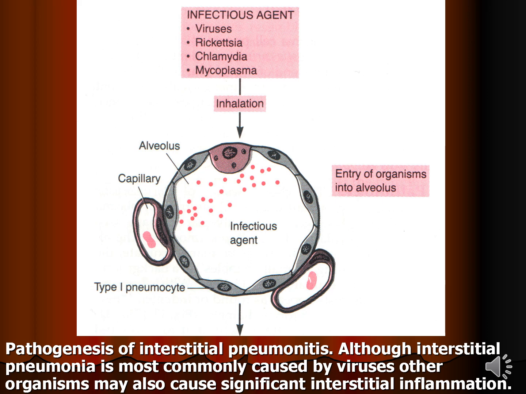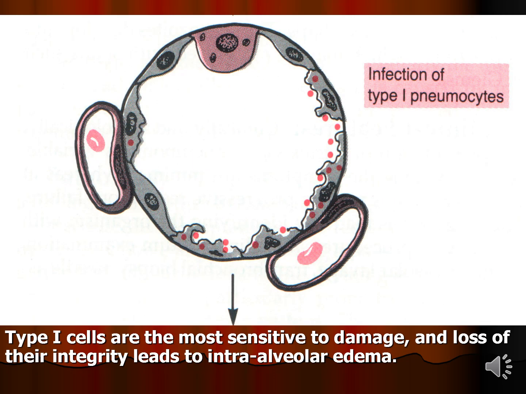Then, in case of inhalation of such agents, we see the reaction of the type 1 pneumocytes, the capillaries congestion, so the entry to interalveoli, then type 1 cells, which are quite sensitive to damage, lose their integrity, and at the end of such process we see intra-alveoli edema.